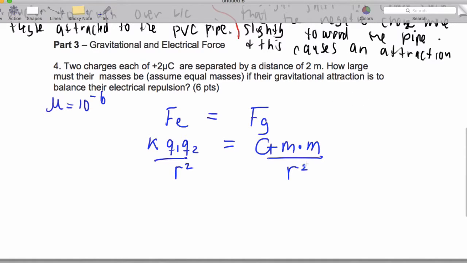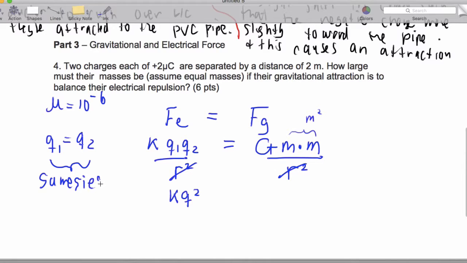I can cancel the R squareds on each side. This works out to m squared. So I have K, and these Q's are the same, so this is Q squared. So we have KQ squared equals G m squared.